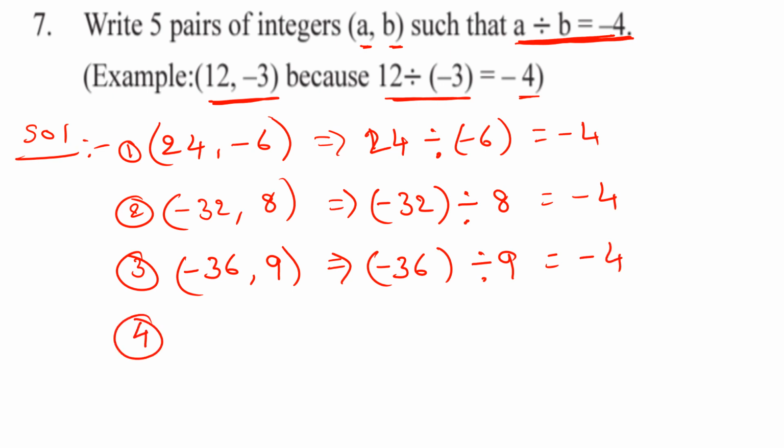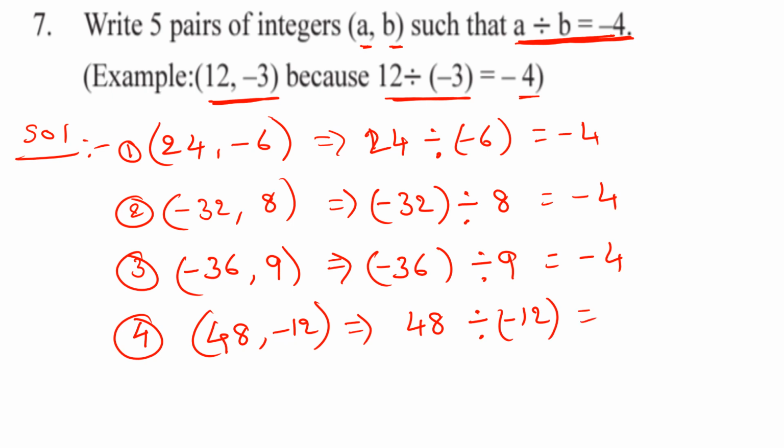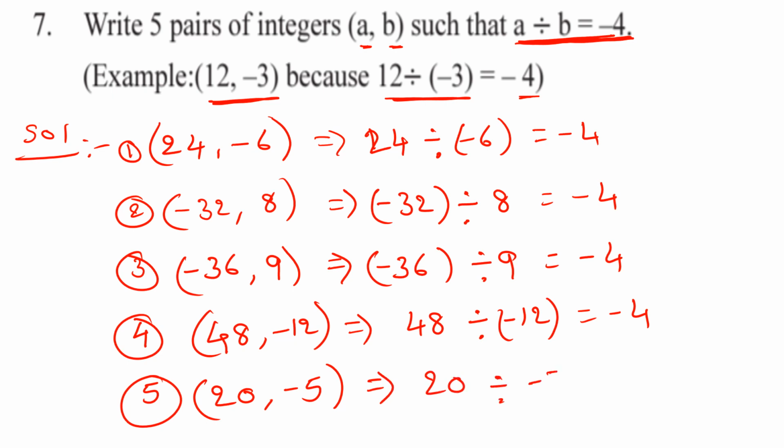One more, 48 comma minus 12, which implies 48 divided by minus 12, and 12 fours are 48, so that is also minus 4. The fifth one, 20 comma minus 5, which implies 20 divided by minus 5 equals minus 4. Like this, we satisfy this equation.